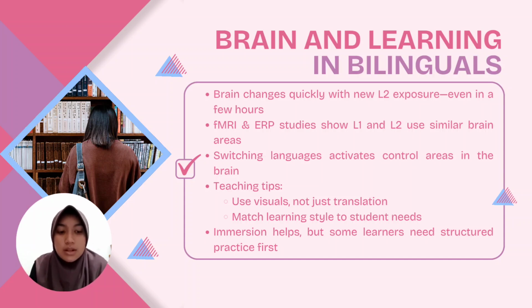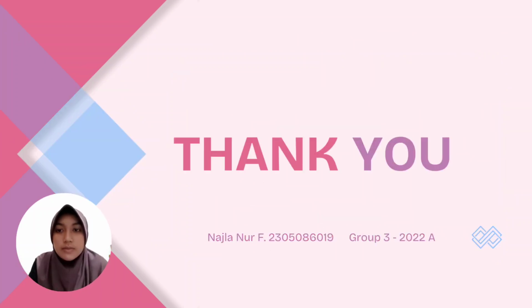For example, some need more practice, others more visuals, etc. And immersion helps, but some learners need structure to practice first. So this means learning through full immersion works well, but some students do better with step-by-step learning first.